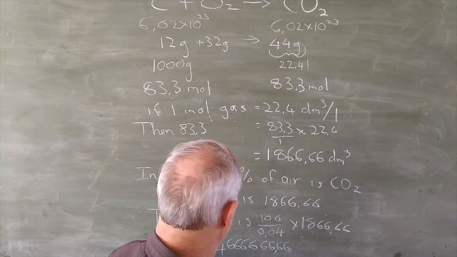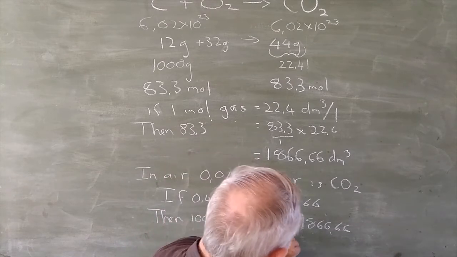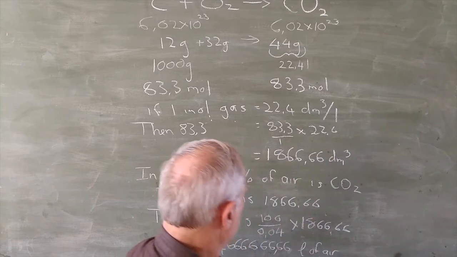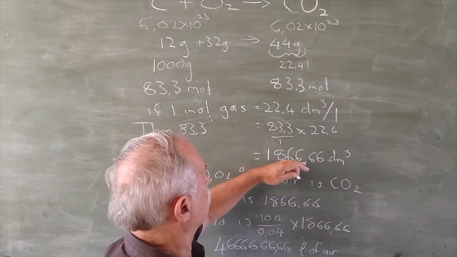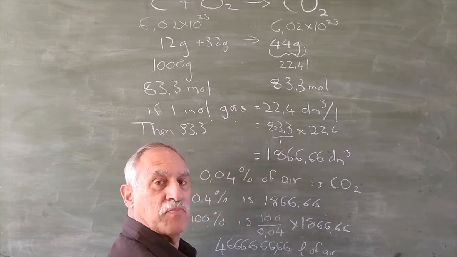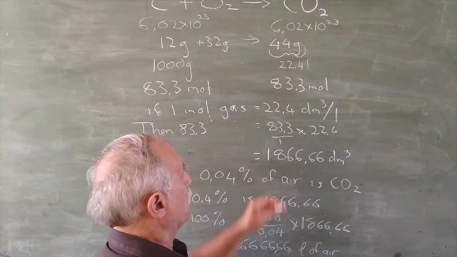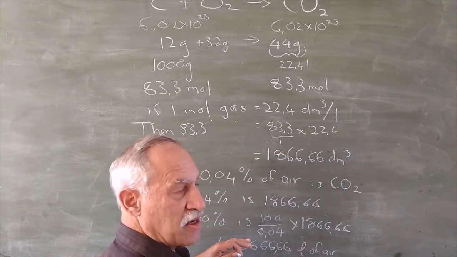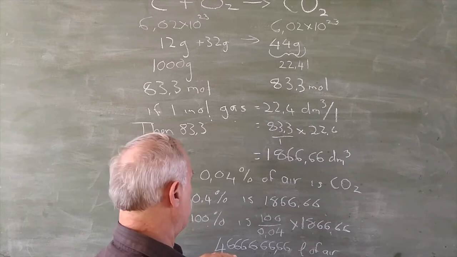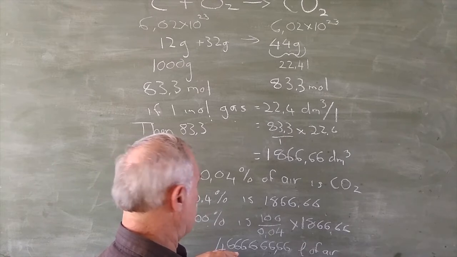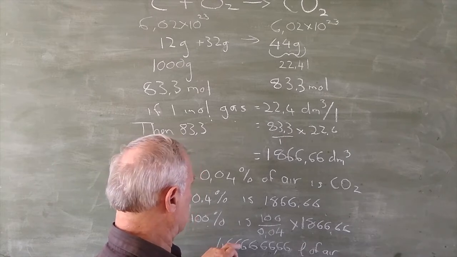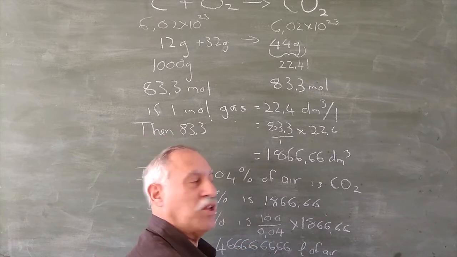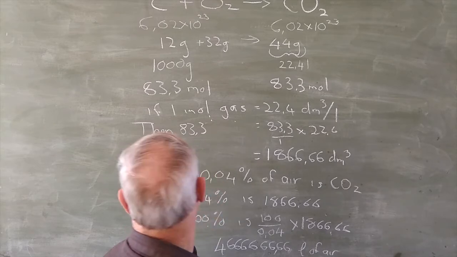And that is how many liters of air that amount of carbon dioxide represents. So if that is 0.04, then 100% of the air, in other words, if we had to spread that into 100% of the air, we're going to end up with 4666666 liters of air. Now, I wonder how many classrooms full of air that is.